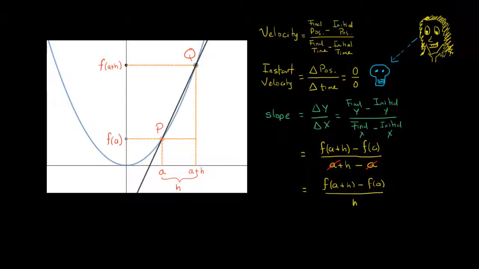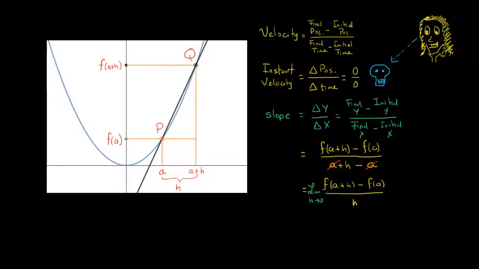And the question we're raising here is, what happens when the value of h gets really close to 0? Luckily, we have learned how to treat these mathematical problems. We use the concept of a limit when h approaches 0.